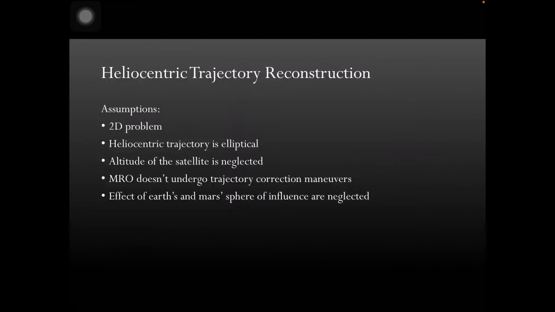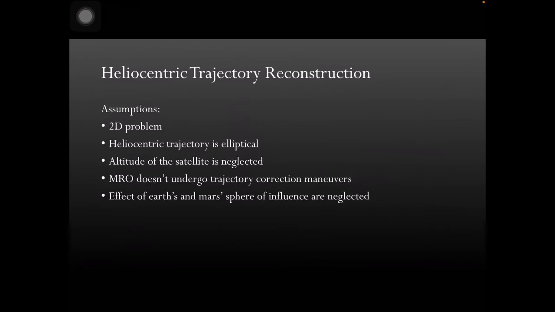To reconstruct the heliocentric trajectory, some assumptions are implemented. The first one is that the calculation will be considered a 2D problem, which means that all of the objects will be considered to reside on a single plane for the calculation. The second is that the shape of the heliocentric trajectory is considered to be elliptical. The third one is that the altitude of the satellite is neglected as it is small and will not contribute much in the calculation.